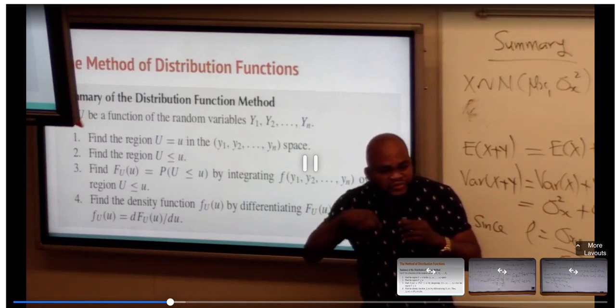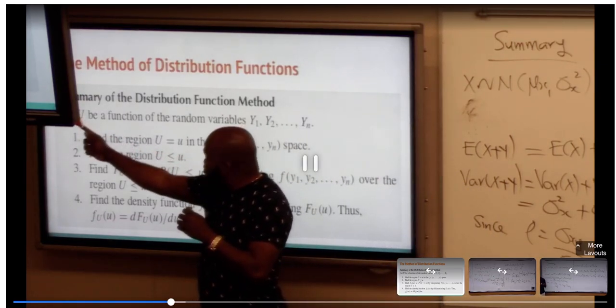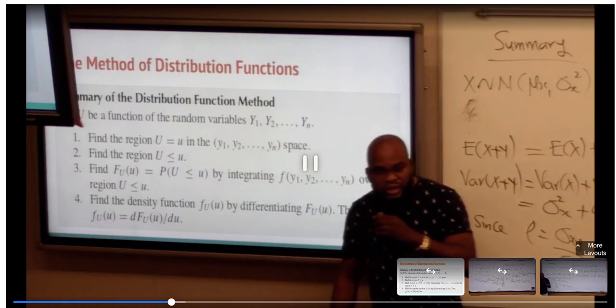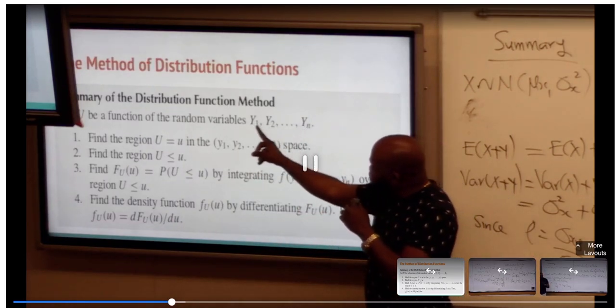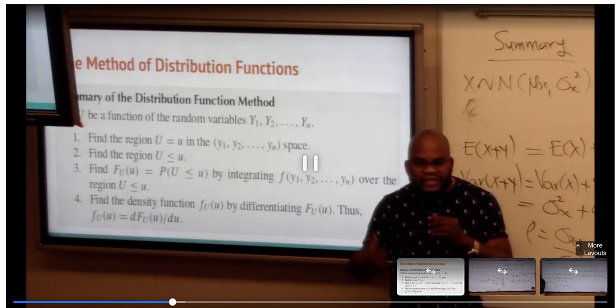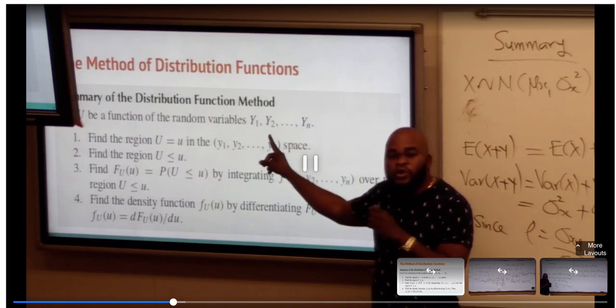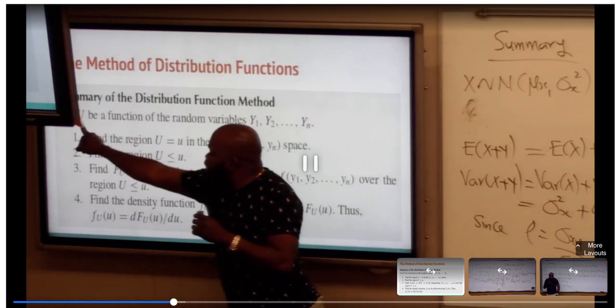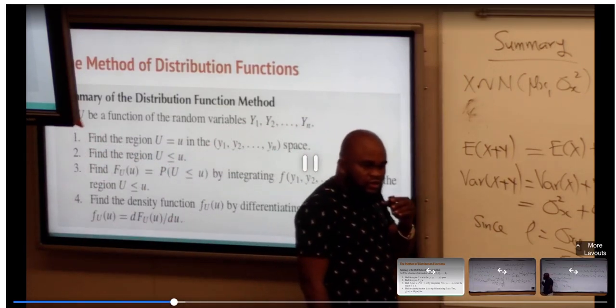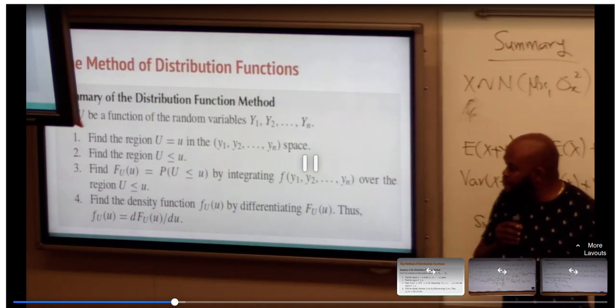The new variable is U, which depends on these old variables. But let me tell you this, these old variables have their probability distributions. What is our intention here? Knowing the probability distribution of the old variables, can we figure out the probability distribution of the new variable? That's what we want to do. That's what we call a function of random variables.